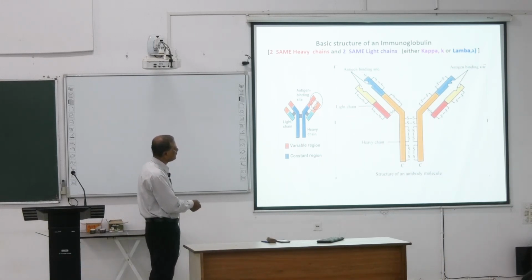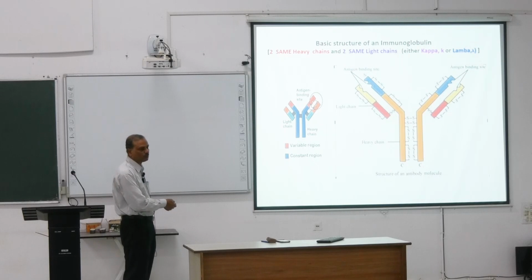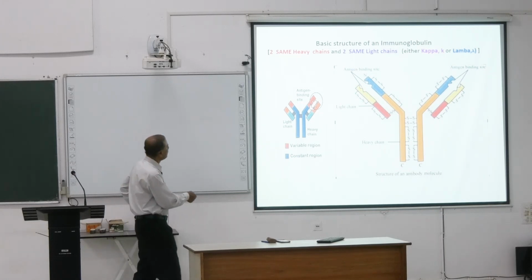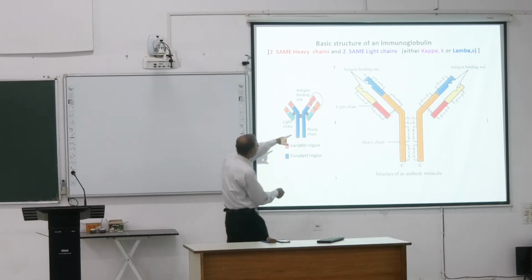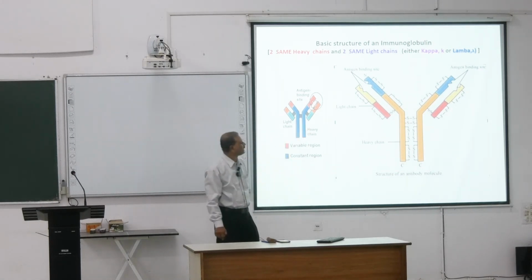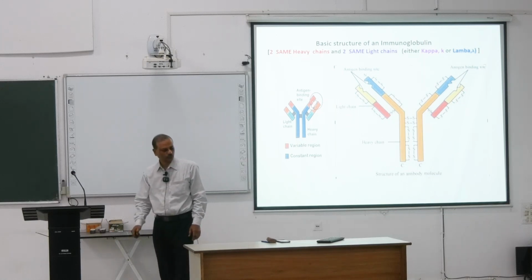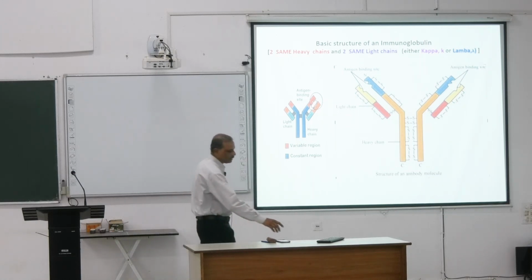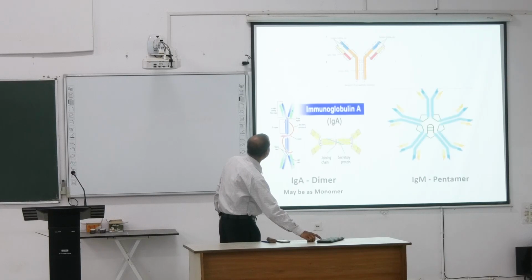So this minimum structure is a monomer having two antigen binding sites, meaning one molecule can bind two antigens. The whole antibody doesn't bind, only a small part. The part that binds the antigen is called the paratope. So this is a monomer.